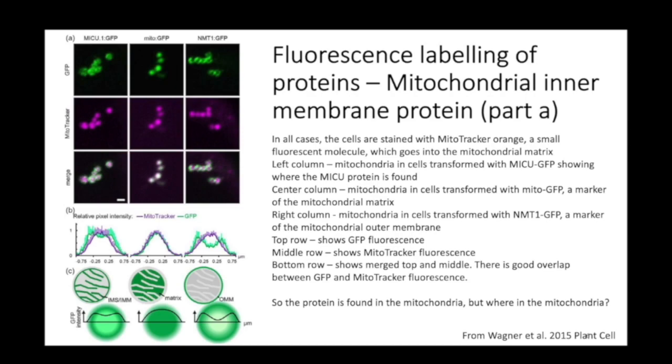So the top row shows GFP fluorescence. The middle row shows mitotracker fluorescence. And the bottom row shows merged top and middle.